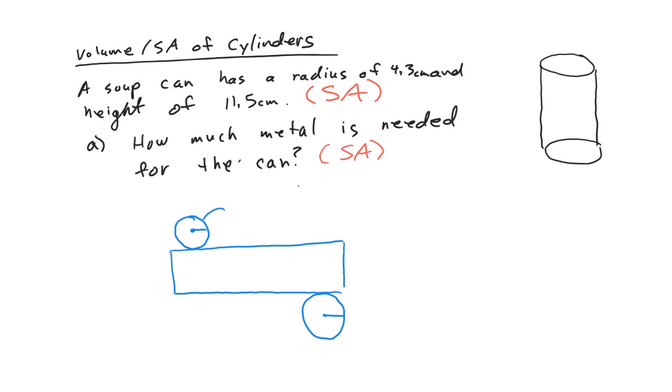Okay, and we know that this distance here is 4.3, and this distance here is 4.3, and this distance along here is 11.5. Each of them are in centimeters. And when we look at our original picture, it's 11.5.